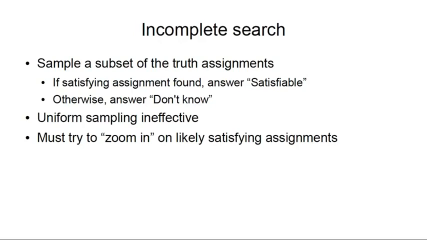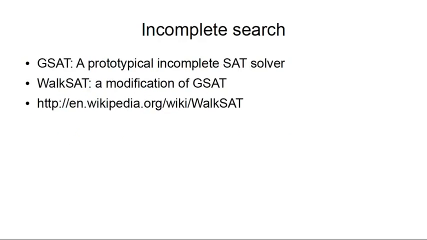And if in the sample you find a satisfying truth assignment, then you know that the set of sentences is satisfiable. But if you don't find a satisfying truth assignment, the best you can conclude is that I don't know whether the set of sentences is satisfiable. There might be one satisfying assignment out there, but I haven't found it. We will not look at the details here, but I do encourage you to take a look at the incomplete search methods.